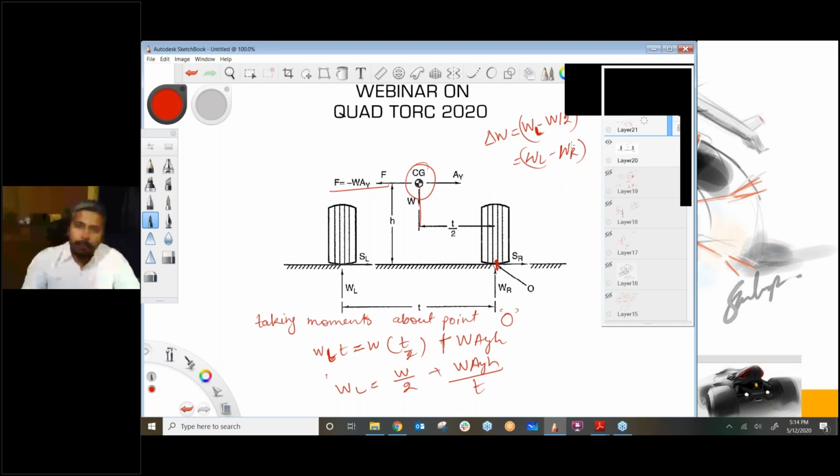So ax is your forward acceleration or longitudinal acceleration. Now W you know, H you know, L you know, you can calculate delta W. So simple.